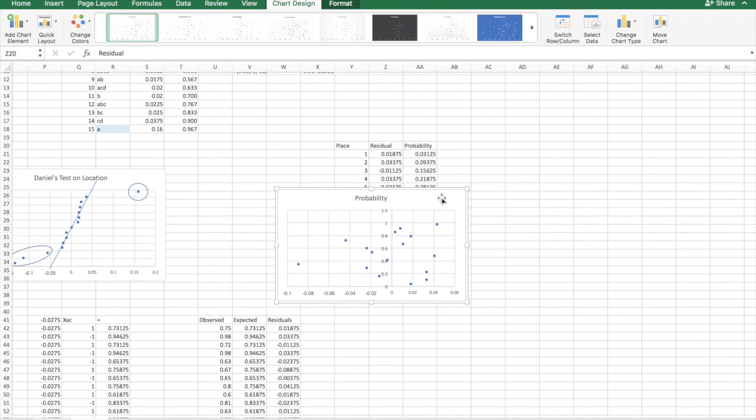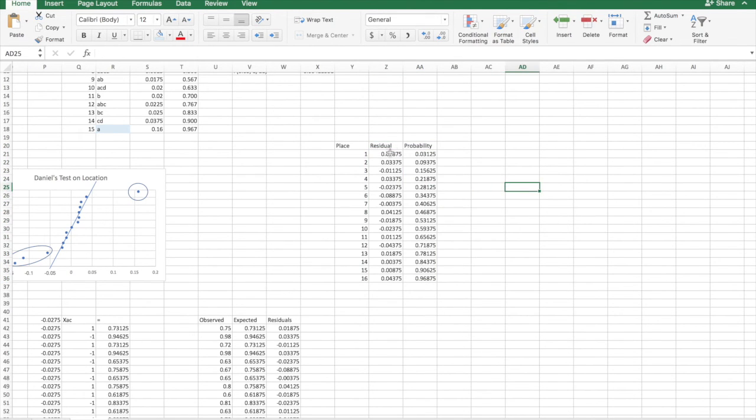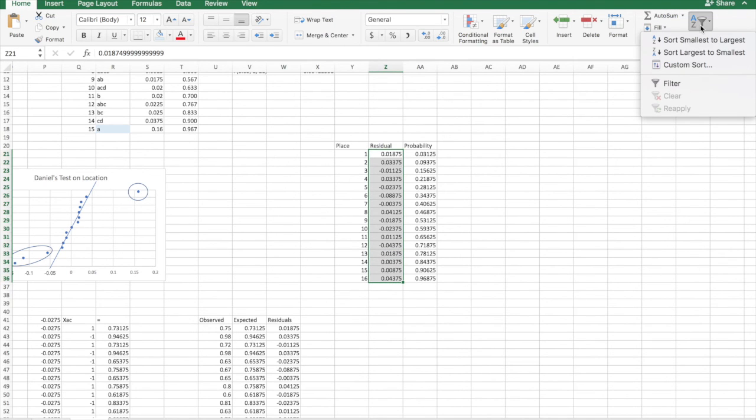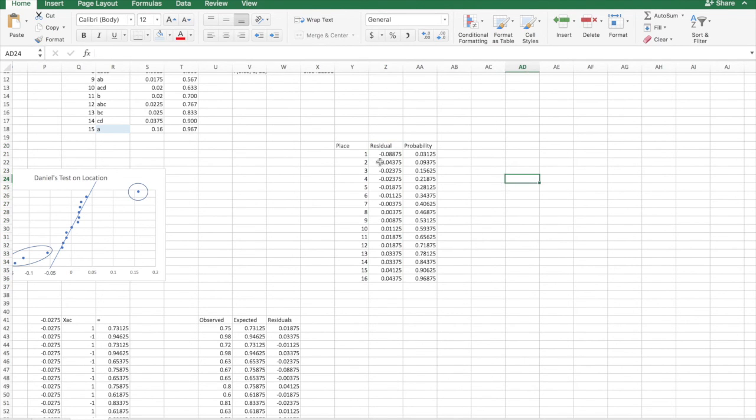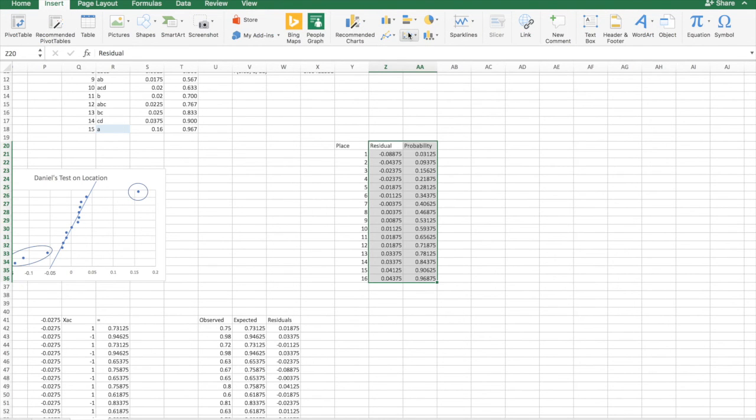Oh wait, hold on, I forgot. Yes, I forgot to sort the residual from smallest to highest. We sort it from smallest to largest, continue with current selection, and then we make the graph.